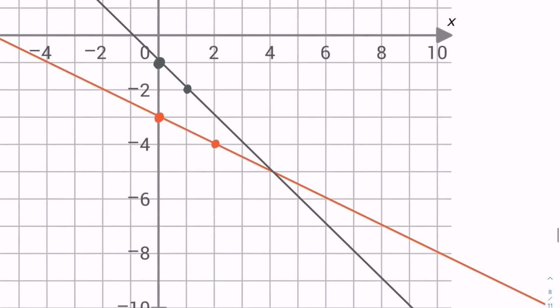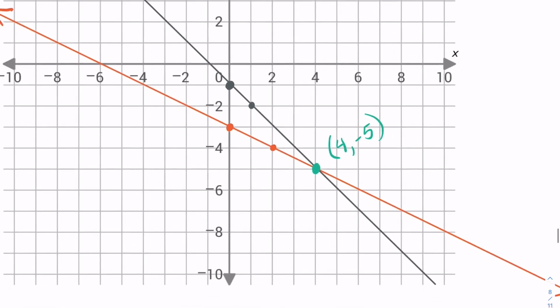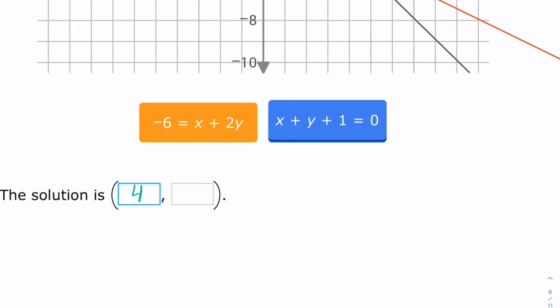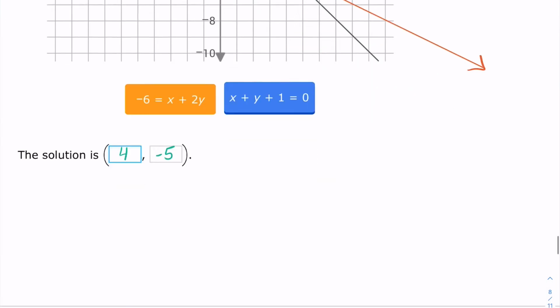And it looks like there's an intersection right here of 4, don't forget 4, comma, -5. So 4, comma, -5. And that's the answer for this one. 4, comma, -5. All right.